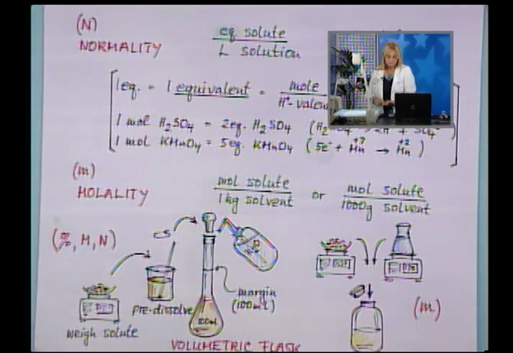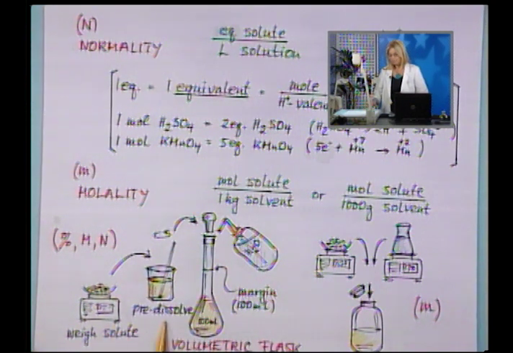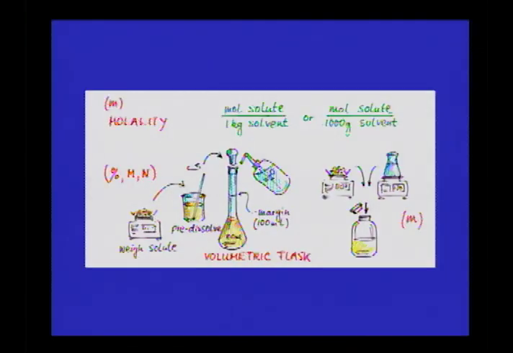Here we see in the picture how you would prepare a molar, normal, or percentage solution, which is based on the total solution. You weigh out your solute, pre-dissolve in the solvent, then pour it in what we call a measuring flask. It is a volumetric flask, it has a certain margin, so it measures only one specific volume.